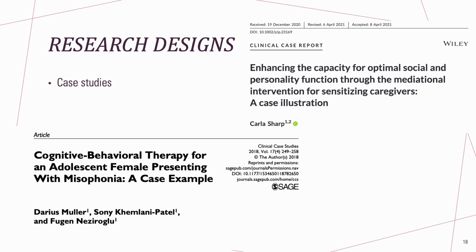This particular client I was seeing also had autism. So there were unique circumstances with this client, and there wasn't much research out there that I could find to help me develop my case conceptualization or my treatment plan. This is one paper I came across that was exactly what it says. It's a case example, and it was informative, albeit not super generalizable, because it's really specific to this one female adolescent.